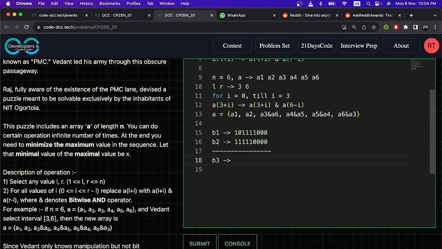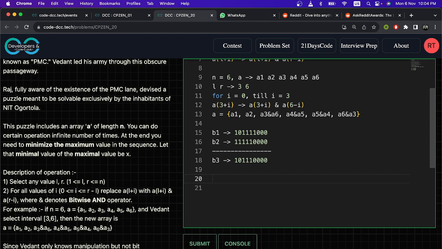What will B3 be? 1 and 1 is 1, 0 and 1 is 0, 1 and 1 is 1, 1 1 0 0 0 0. What you can observe is that the decimal representation of B1 and the decimal representation of B2 are both bigger than this number. Whenever you perform an AND operation between any two numbers, the third number will always be smaller than or equal to both of them. That was the key observation.